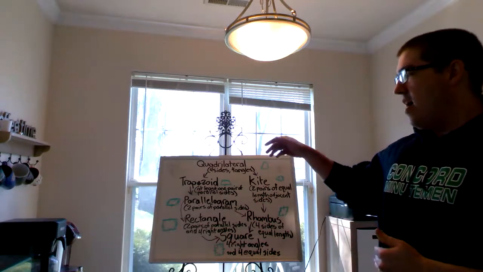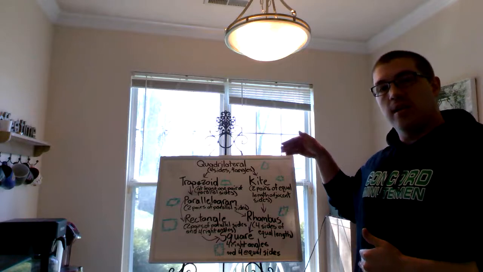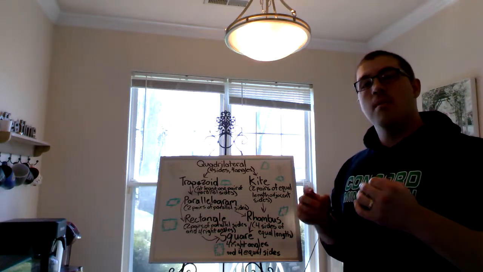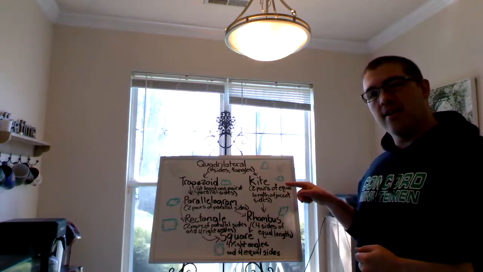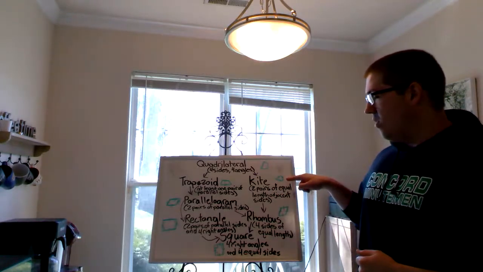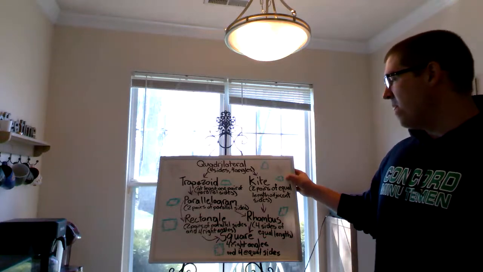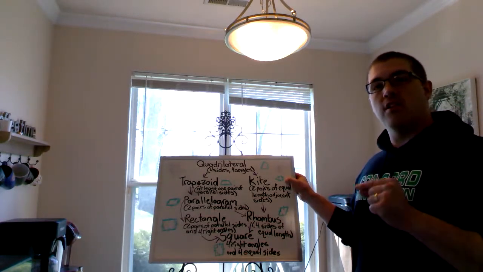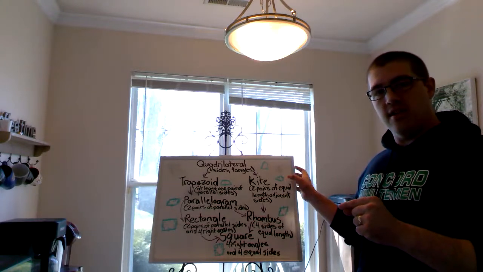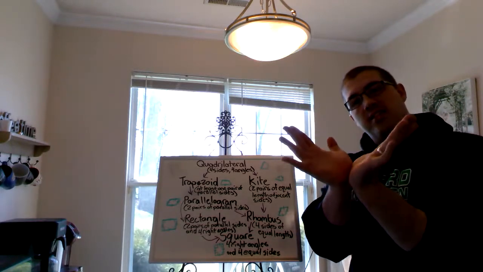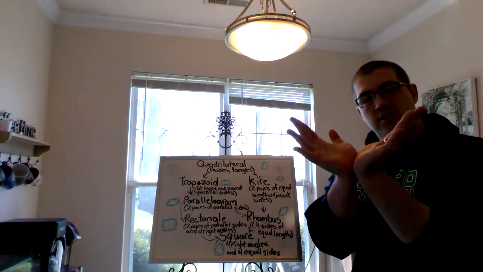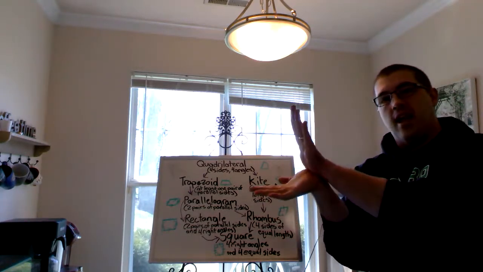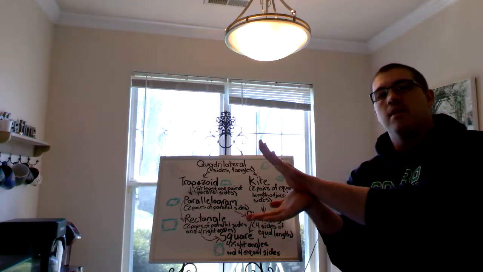Then a quadrilateral can also turn into a kite. We can have a quadrilateral with four sides and four angles, but what if you had two pairs of equal length? If you look closely, the two sides with one dash are of equal length and they're next to each other, because adjacent means like an adjacent angle: two lines that are adjacent to each other make an angle. These two lines are making an angle, and they're both the same length.